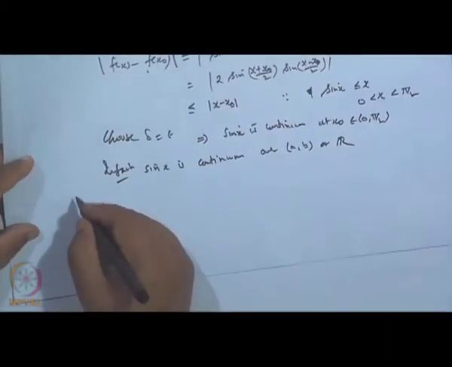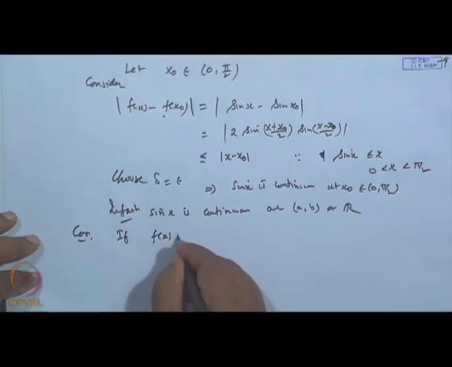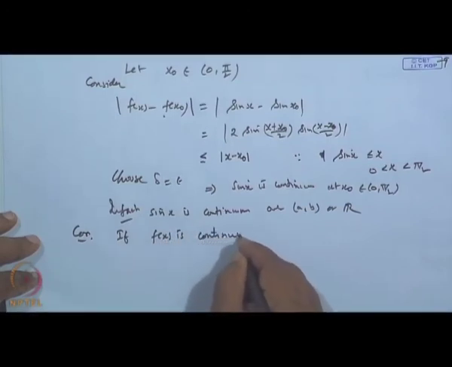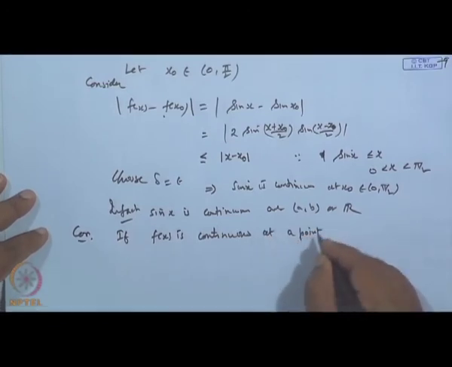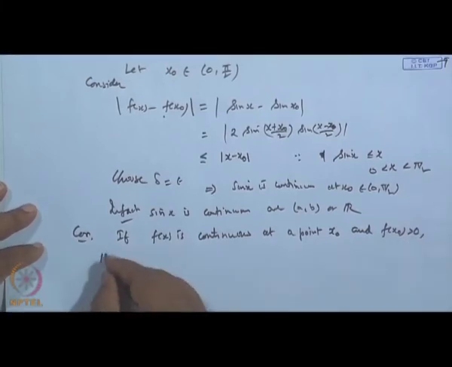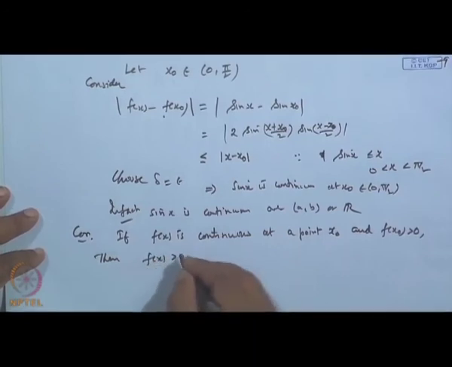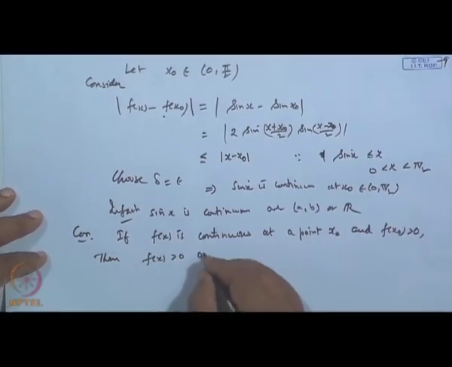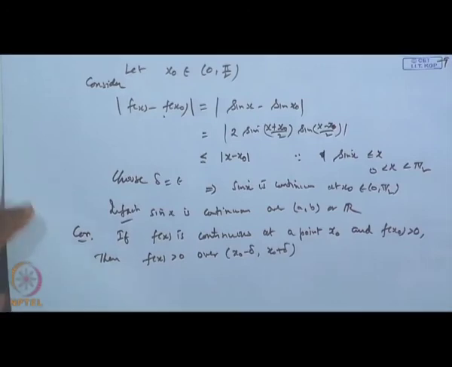Now, there is one small result which we call the corollary. If f(x) is continuous at a point x naught and f(x naught) is positive, then f(x) is positive over the entire interval (x naught minus delta, x naught plus delta).